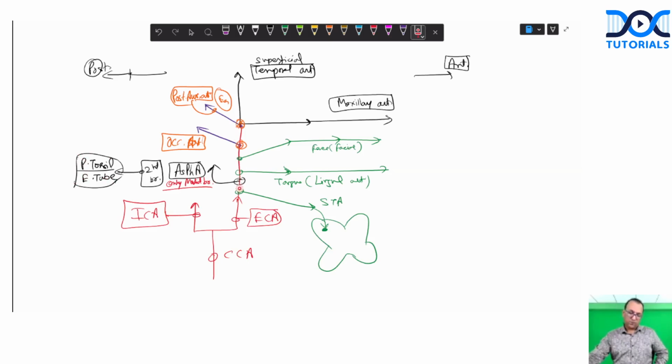So what about the other branches to the palatine tonsil? To discuss that, you can show the tonsil here. Tell this is the tonsil. T is tonsil.